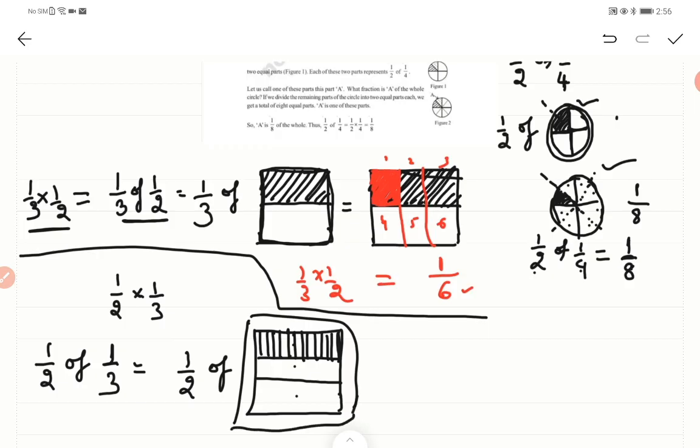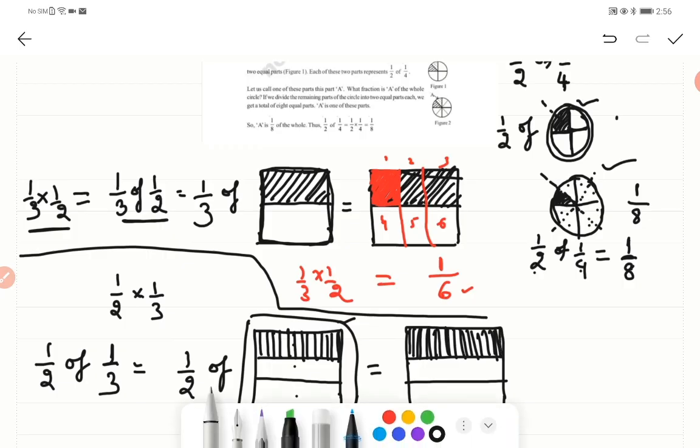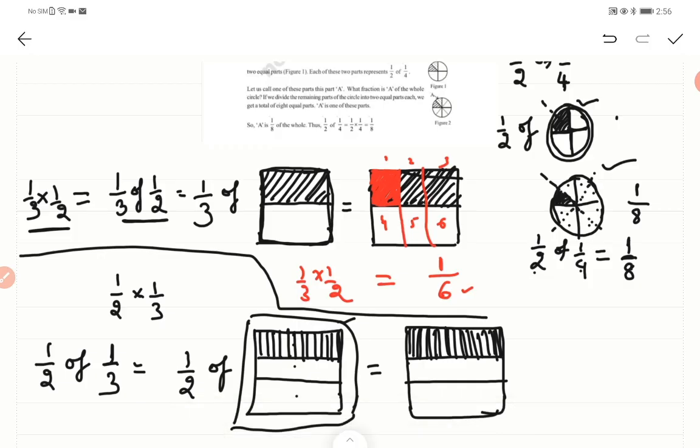So how will you draw this? First take this part as it is. This was how much? 1 by 3. So this is divided into 3 parts, and one region is shaded, isn't it? Now they are saying to take 1 by 2 of this. 1 by 2 means this is divided into how many regions?